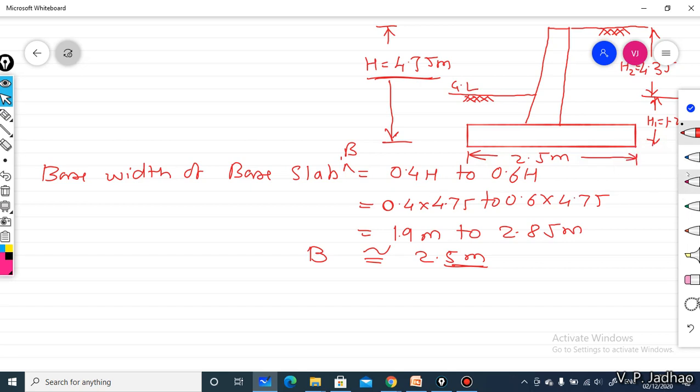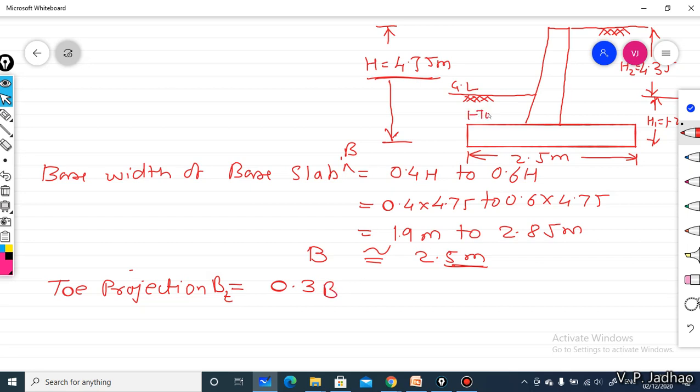Then we have to calculate the toe projection. The formula for calculating the toe projection is equal to 0.3b. Let us consider this is denoted by bt, so 0.3 into b. This is your toe projection.